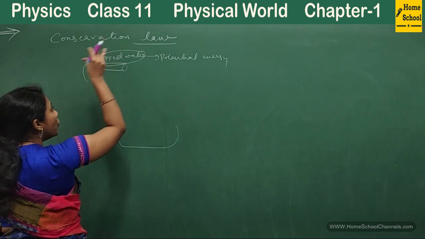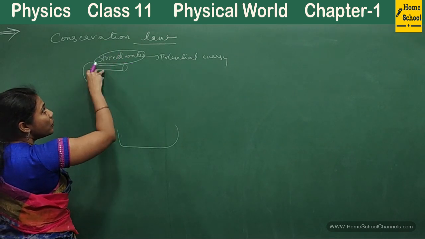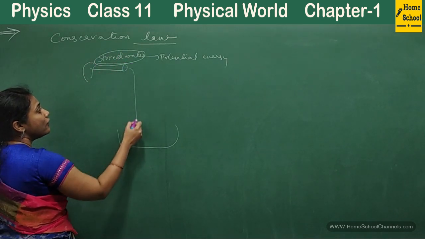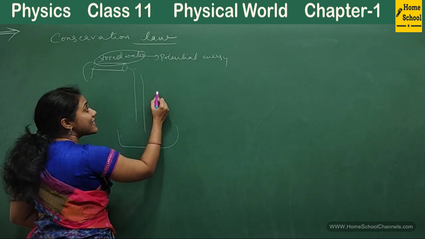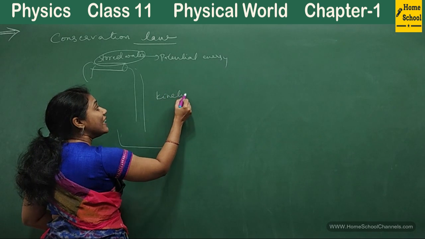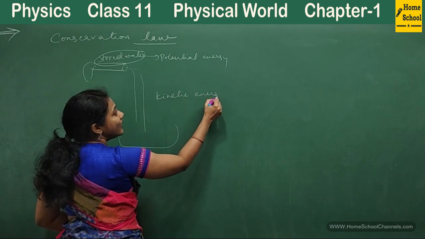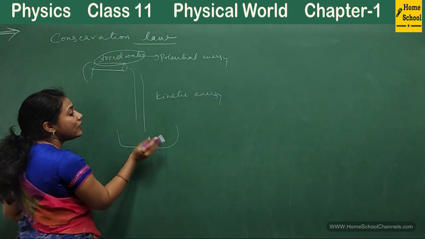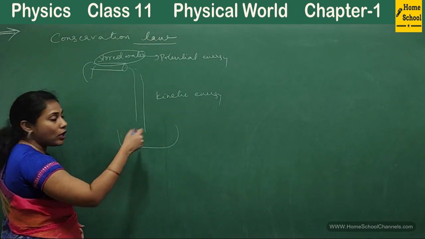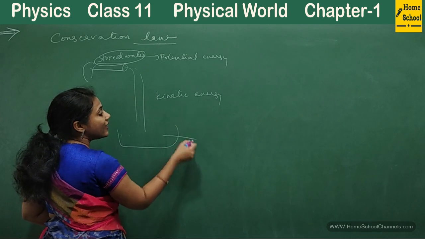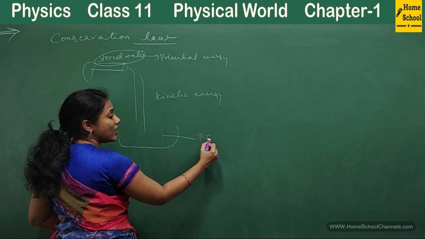The stored potential energy, the moment I turn on the tap and the water falls into a bucket, is getting converted into kinetic energy. Okay, and later the water settles in this particular container or bucket. So again this kinetic energy is converted into potential energy, right?